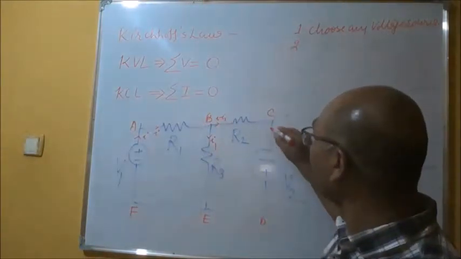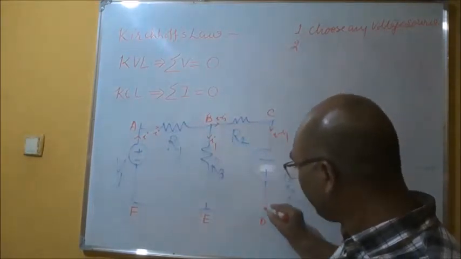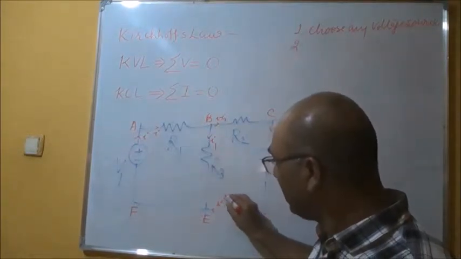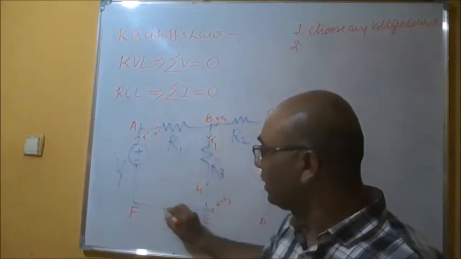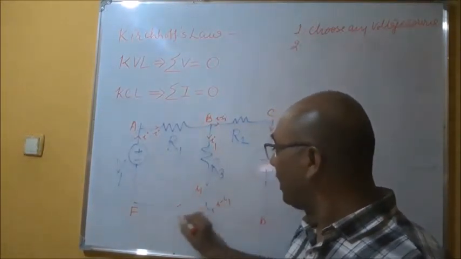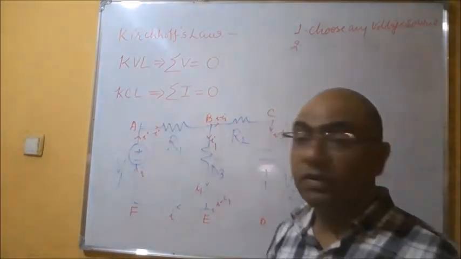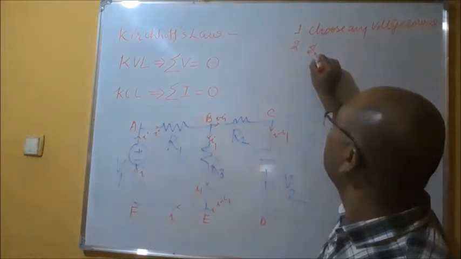Then the same current I minus I1 will go like this. Here it will be I minus I1 and here it will be I1. So the total current when you see here again will be I, and finally there will be I.